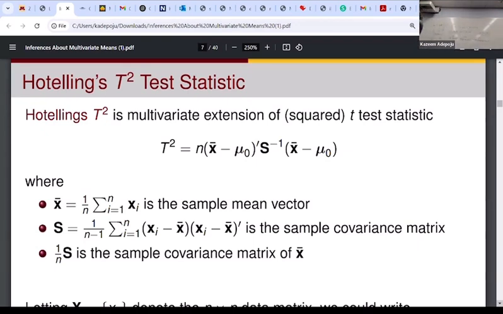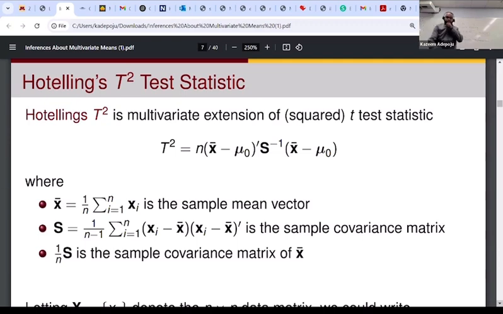Then x bar is the sample mean vector, which means I'm actually going to come to this school. I'm going to take a sample of scores in maths and find the average. Take a sample of scores in science, I find the average. I take a sample of scores in reading, I find the average. That's going to be x bar.